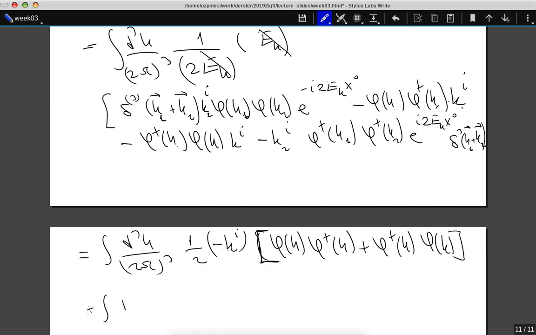Plus, I have a d cubed k divided by 2 pi cube, 1 over 2.